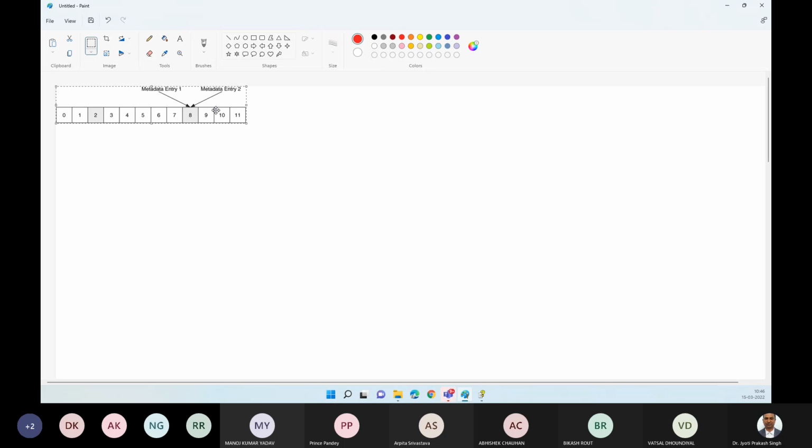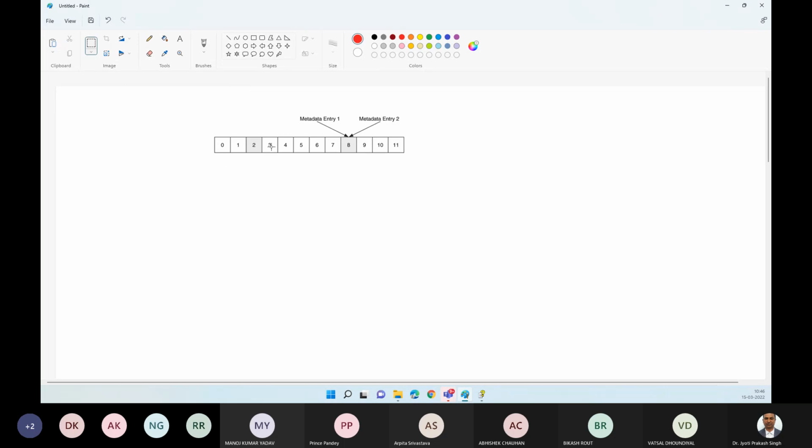Say we have a file system, something like this. These are the allocated spaces, and these are the vacant spaces, not allocated till now. Now in the allocated spaces, look, for two there is no metadata entry, that is, when it was created, who created it, and so on. Whereas in this one, there are two metadata entries.